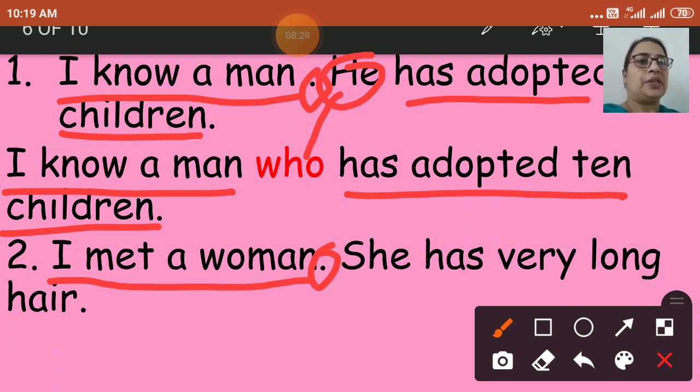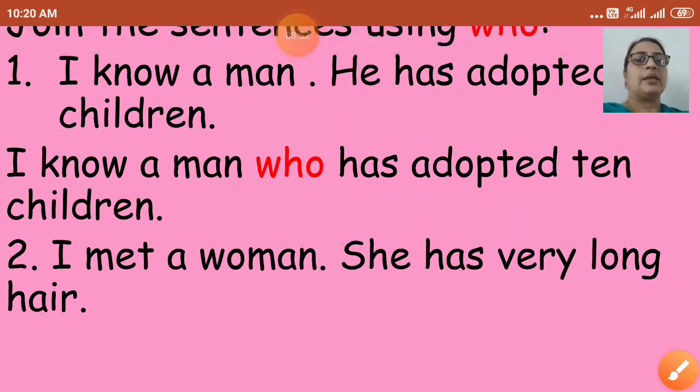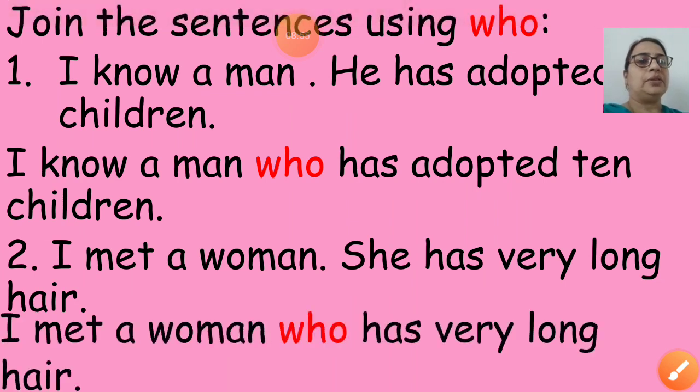And then instead of this pronoun, we are going to use who to join this second sentence. So what answer will we get, children? I met a woman who has very long hair. Right? I met a woman who has very long hair. So come on, copy down the answer fast. I met a woman who has very long hair.